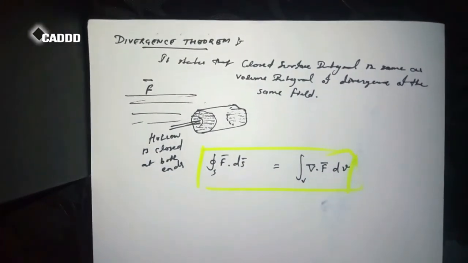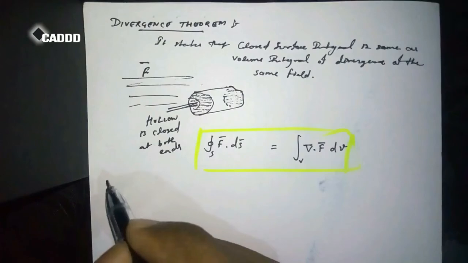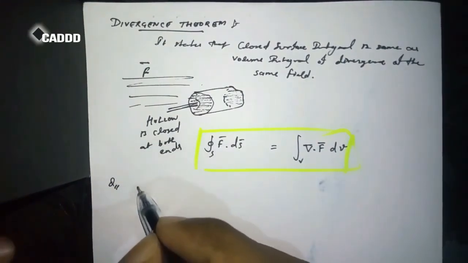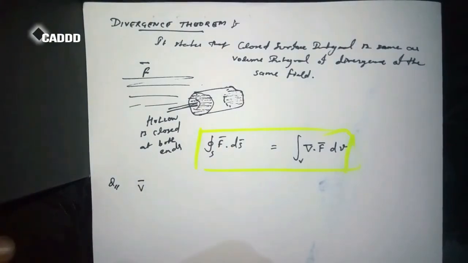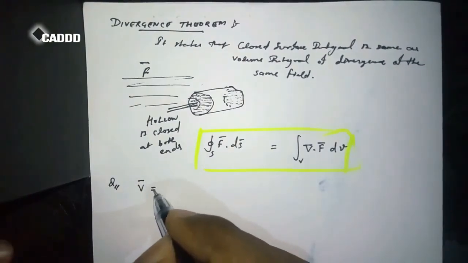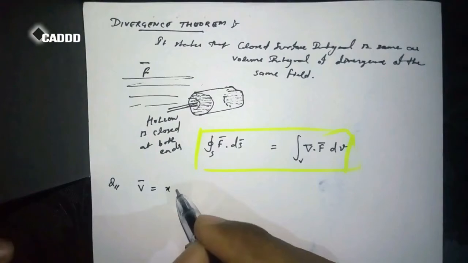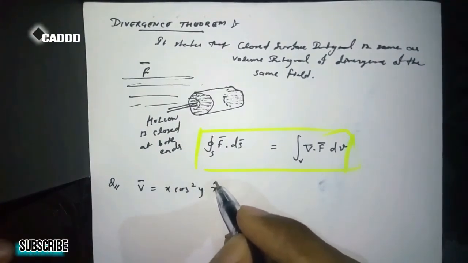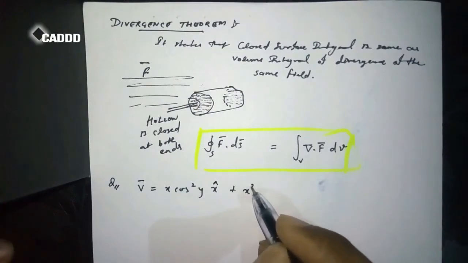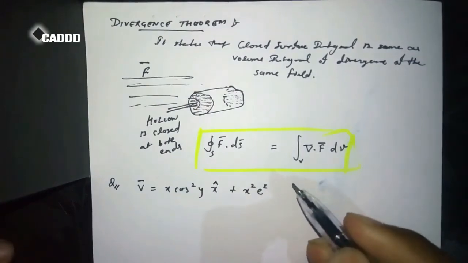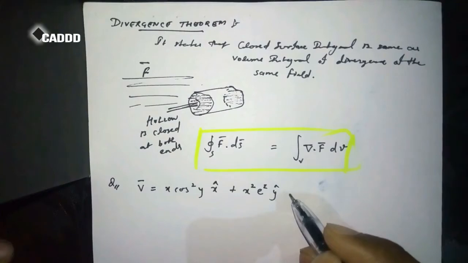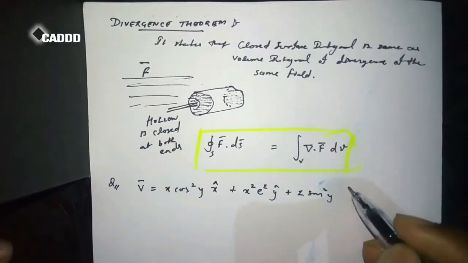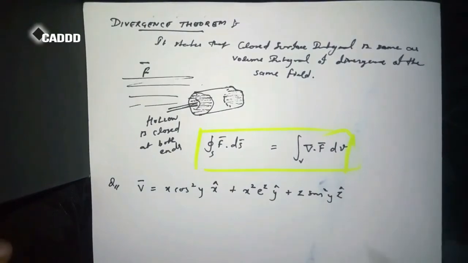Now let's see the application of divergence theorem in the questions. Okay, let's say we have a question like we have a field V bar, which is x cos square y in x direction plus x square e to the power z in y direction plus z sin square y in z direction.